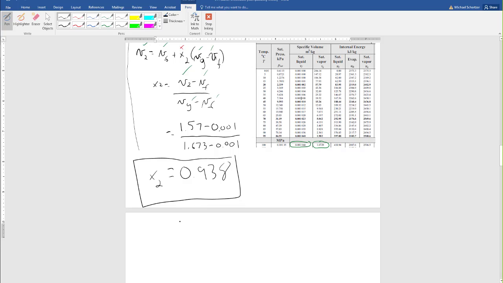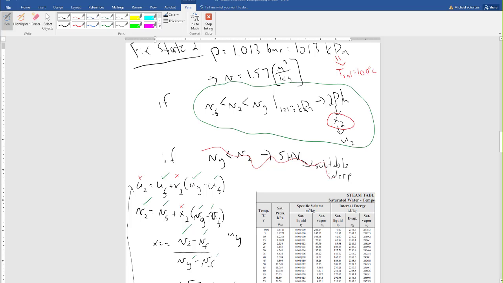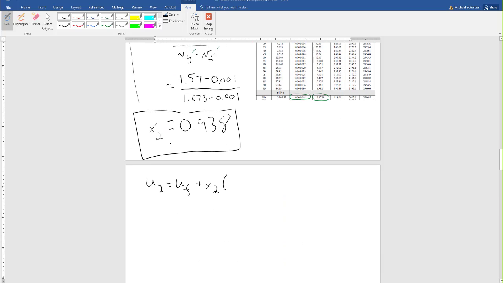Now I can take X2 and put it back up into this equation. I can say that U2 is equal to UF plus X2 times UG minus UF. So my UF is here, 418.94.